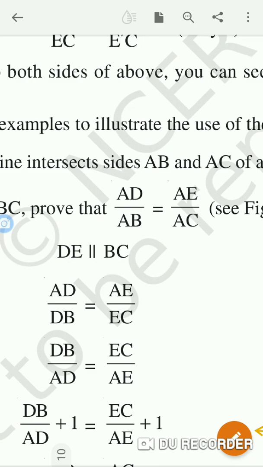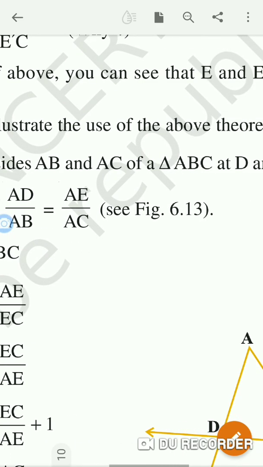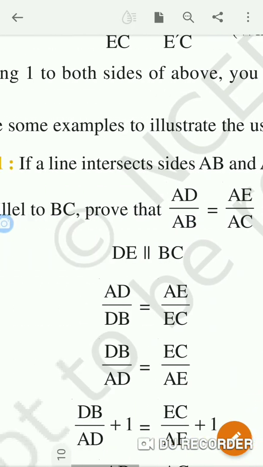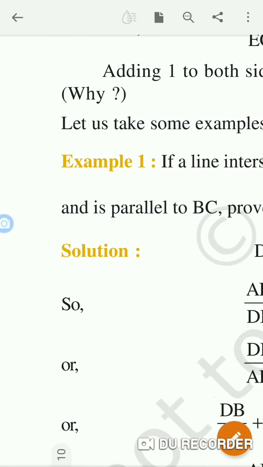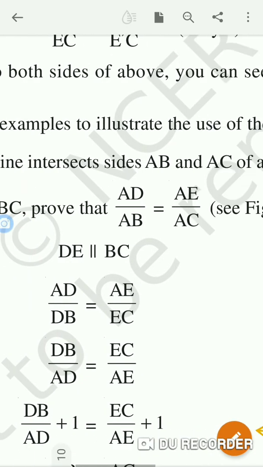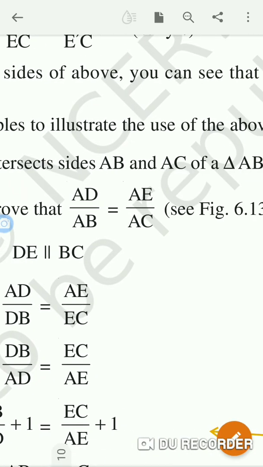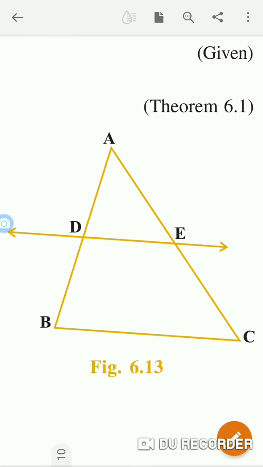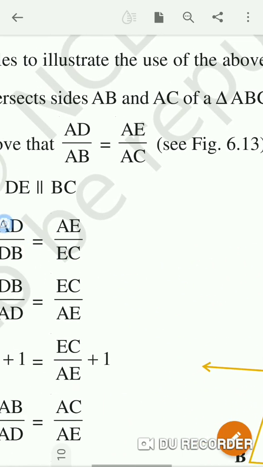If a line intersects side AB and AC of a triangle ABC at D and E respectively and is parallel to BC, prove that AD upon DB is equal to AE upon EC. Means here we have to prove that AD upon DB is equal to AE upon EC.